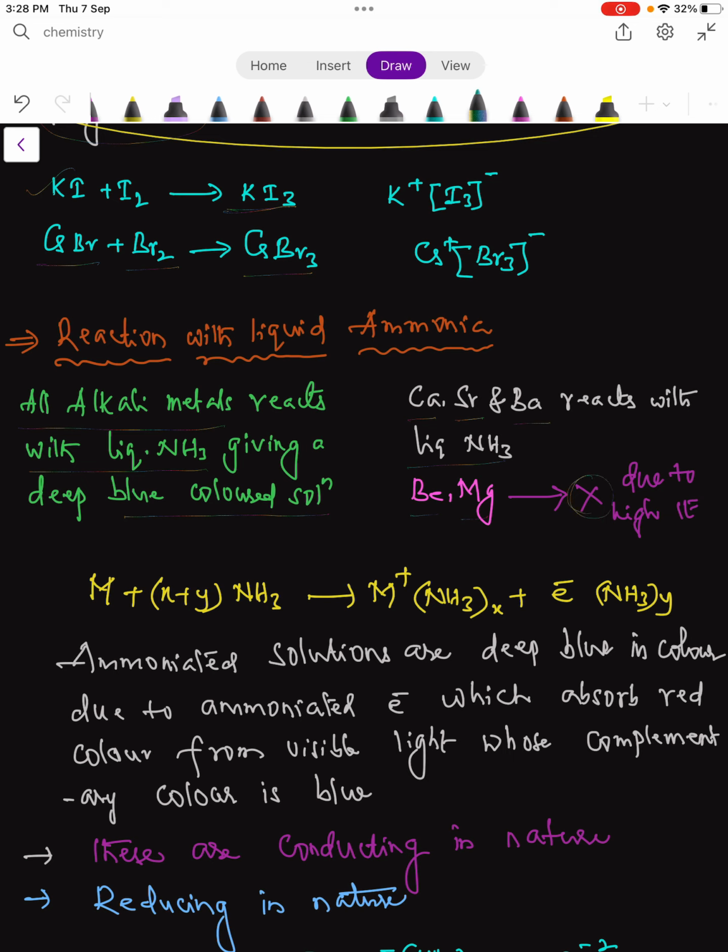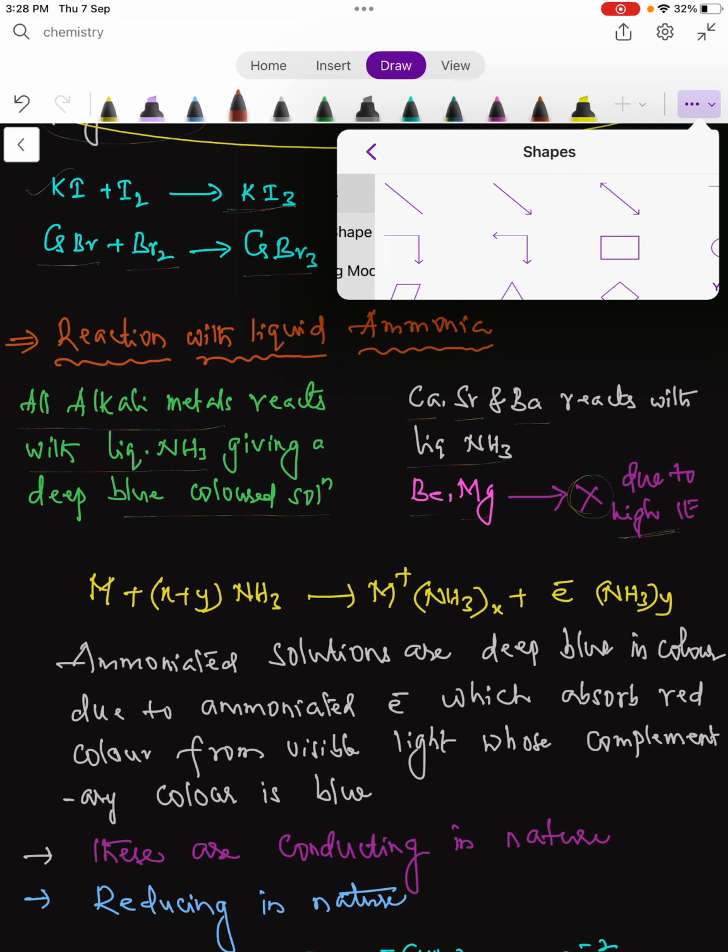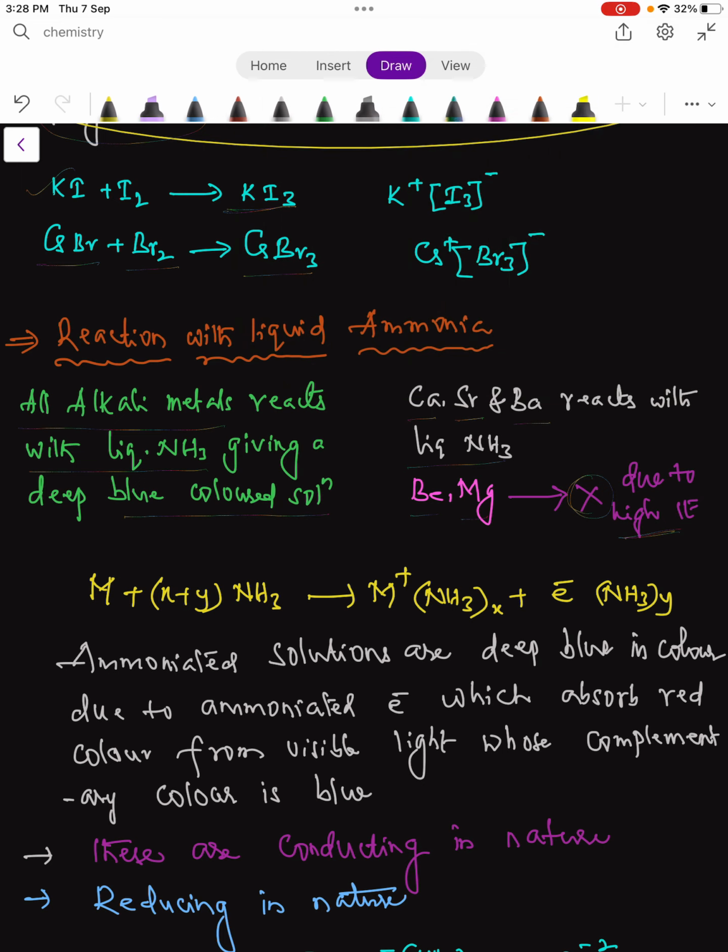This is because of their high ionization enthalpy values. Okay, so here I have given the reaction for what metals with ammonia have given.